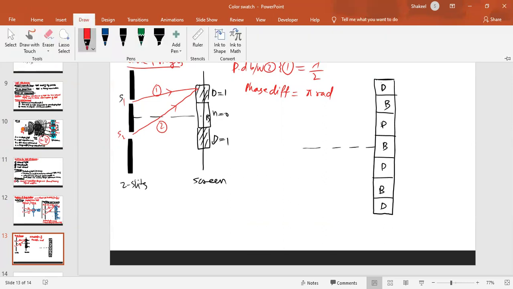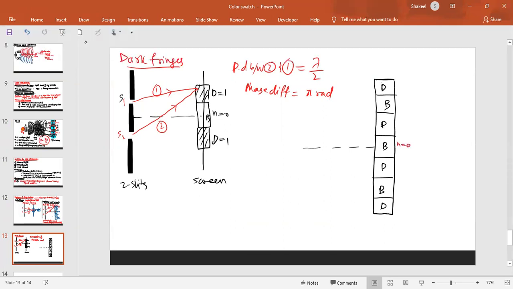We say that this is the central maxima, and it has maximum intensity. This is for the dark N1, this is for the bright N1, and this is for the dark N2. On both sides of the main line, the mirror image is there. The number of fringes above the central line would be the same as below the main line. So the path difference condition for this would be 0.